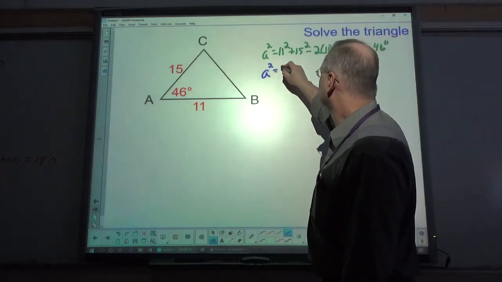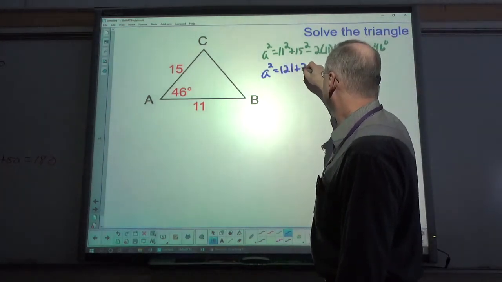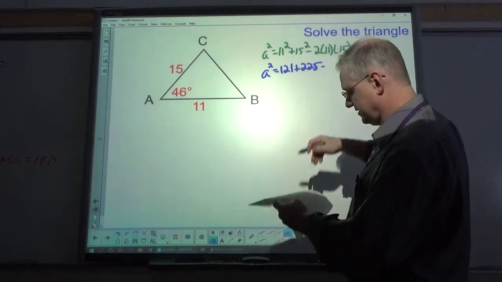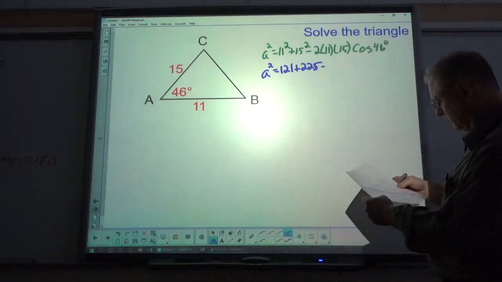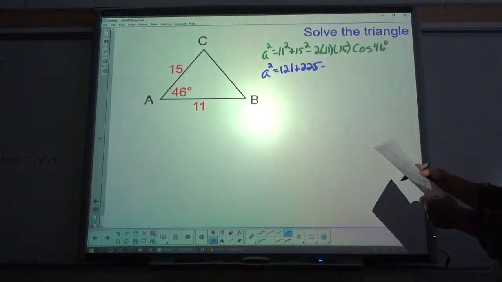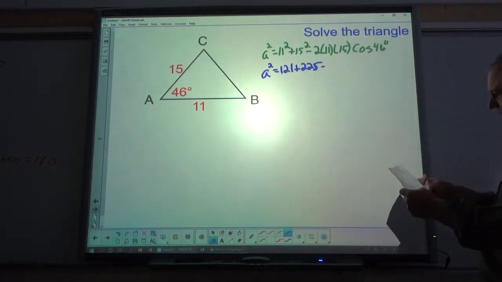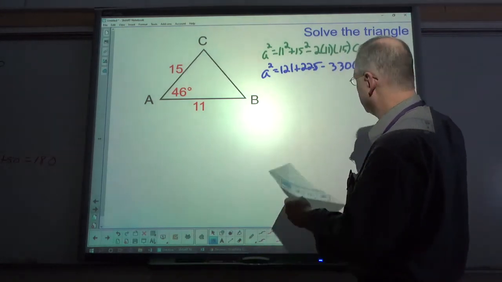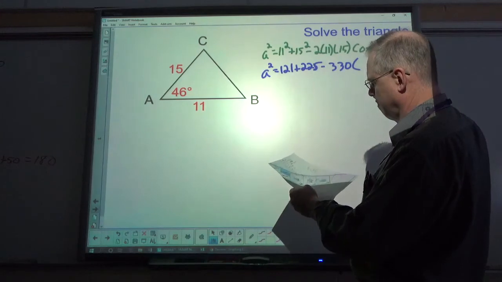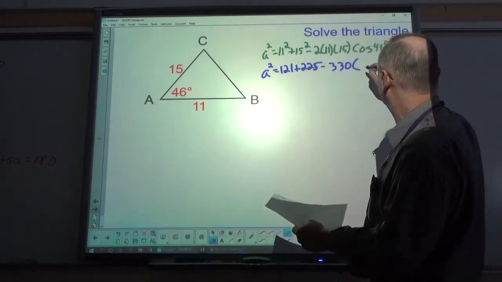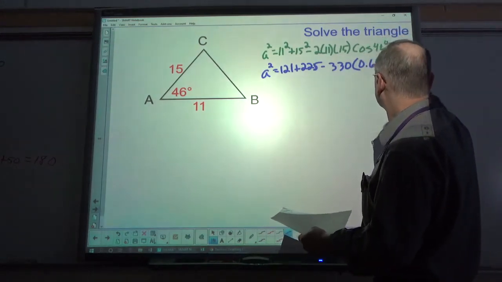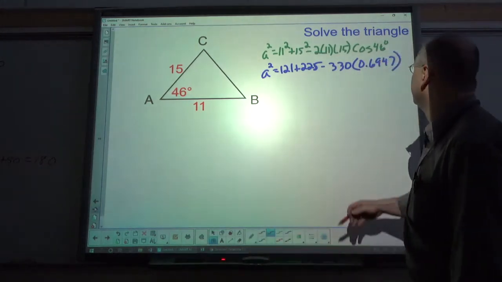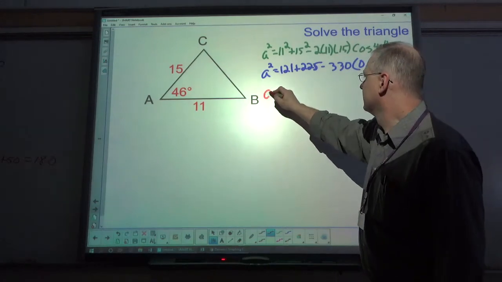A squared equals 121 plus 225 minus, let's see, 330 times cosine of 46 degrees, 0.6947. All right. Now, I need to multiply these two together.